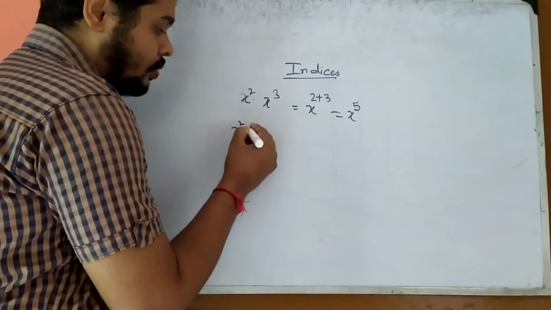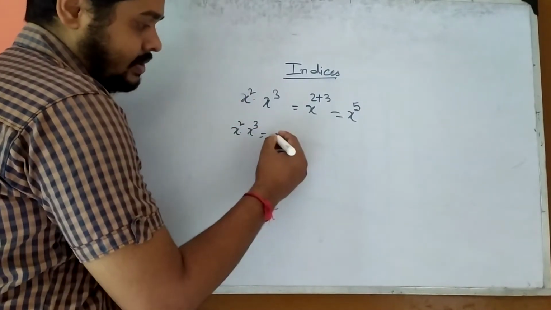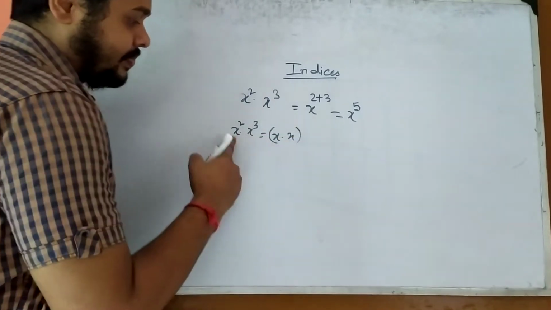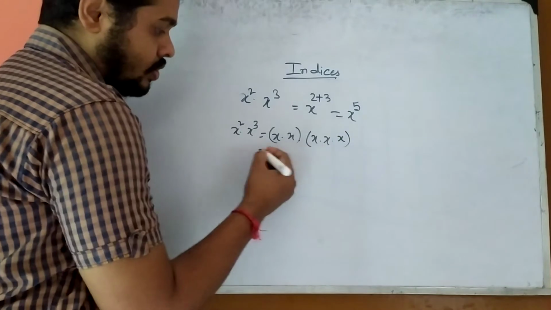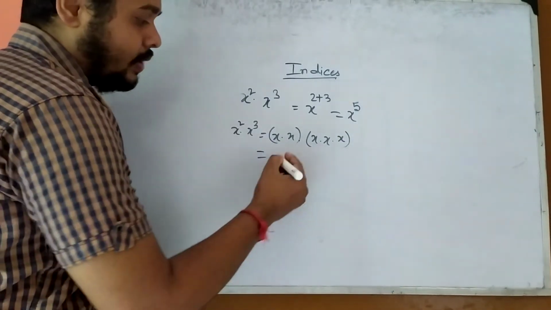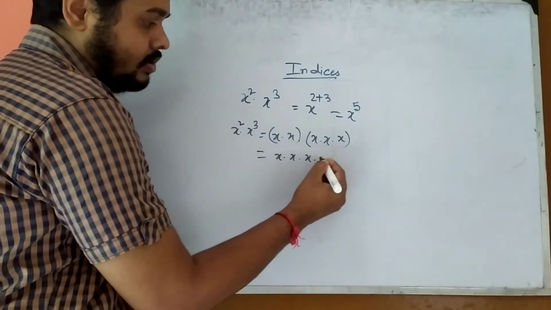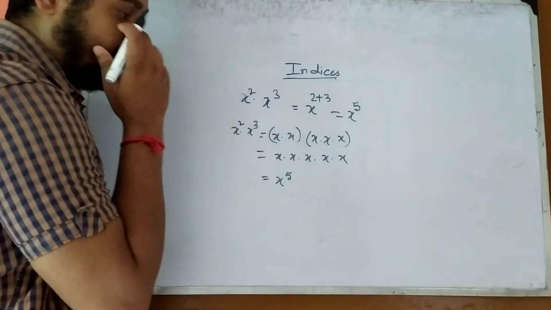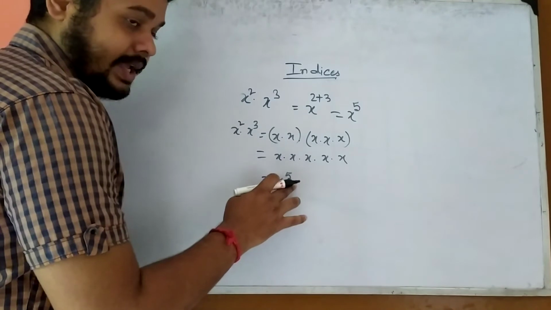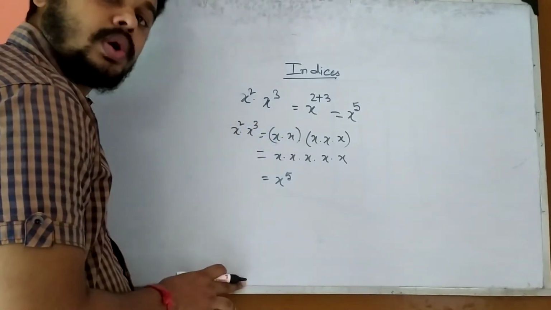As we know, x square means 2 times of x and x cube means 3 times of x. So after removing the bracket, how many x's are there? 5. So we can write x to the power 5. So we are getting 5 by adding these two components.